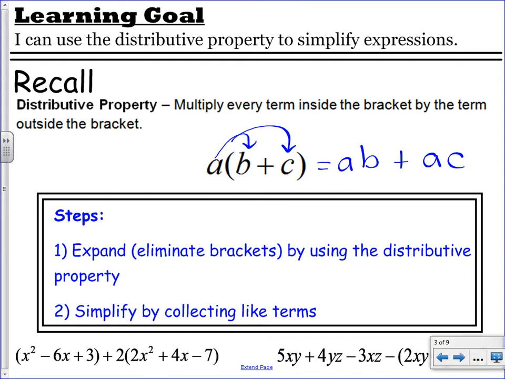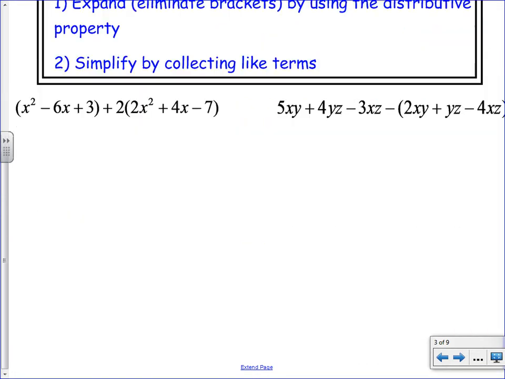Okay, so the steps: as soon as you see brackets, you're to eliminate brackets by using the distributive property. That's that rainbow in. And then you simplify by collecting like terms. So I have 2 examples here, which we are going to do. Now I have a bracket here. What number is on the outside of that bracket? Laura? 1.